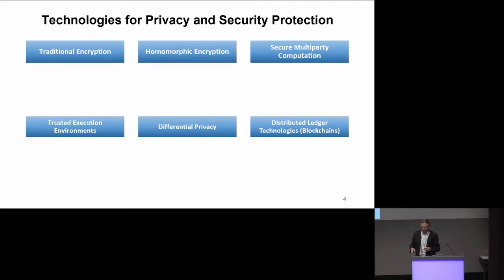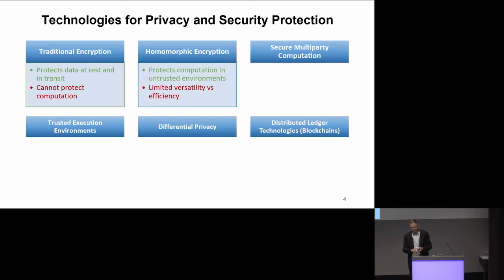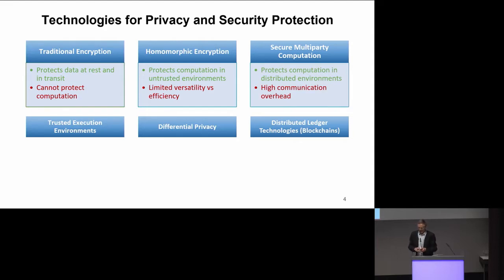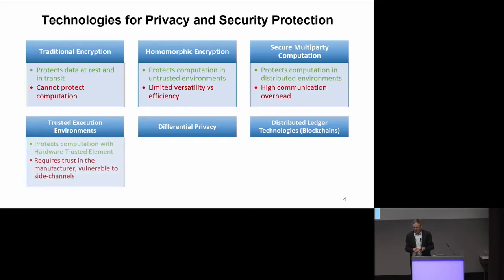So there's traditional encryption that aims at protecting data at rest and in transit. There is homomorphic encryption. I'm going to say a few more words about this one that is less known. There's secure multi-party computation that I'm going to detail as well. And then there are trusted execution environments.